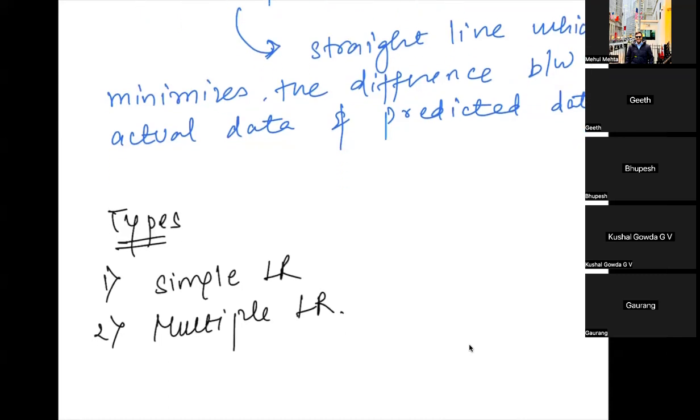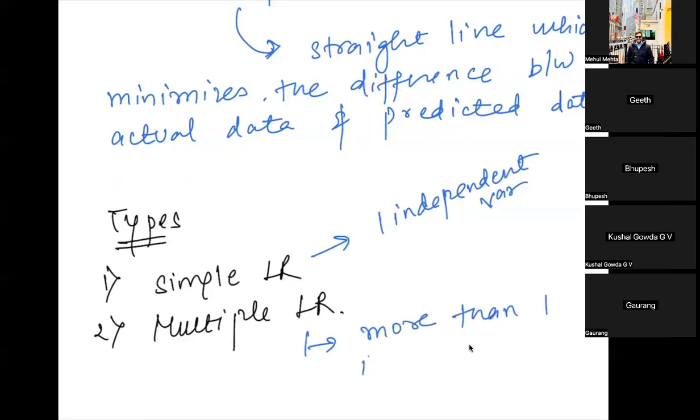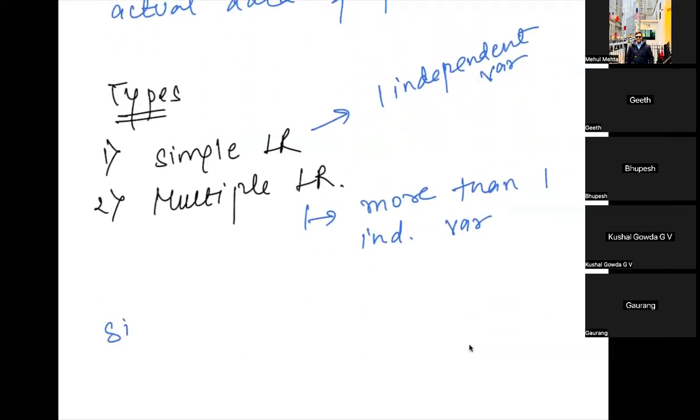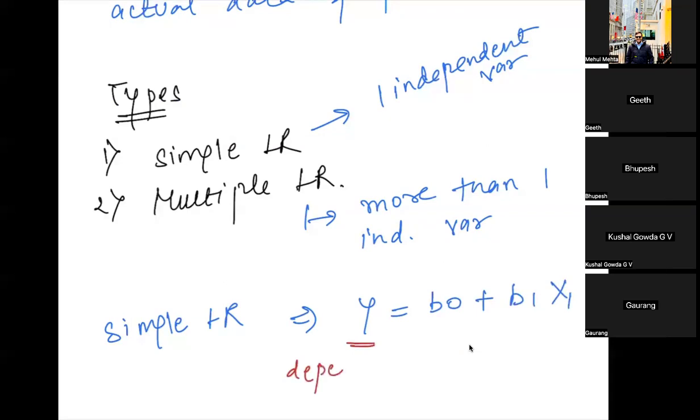Let's understand what is simple and what is multiple. In simple linear regression, you have just one independent variable, and in multiple linear regression, you have more than one independent variable. In mathematical terms, simple linear regression can be written as y = b0 + b1x1. Here y is your dependent variable.